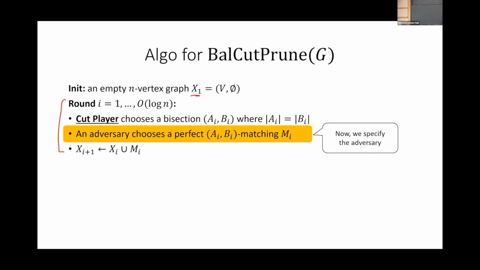So far, everything here has nothing to do with the graph G. This is just from the cut matching game. But now I'm going to specify the matching player that has something to do with the graph G.